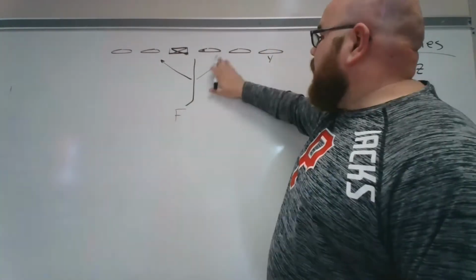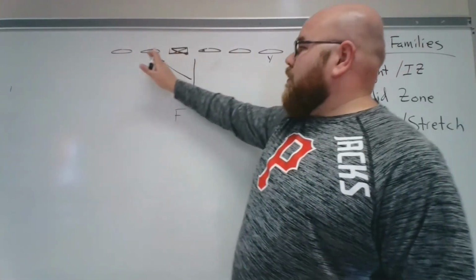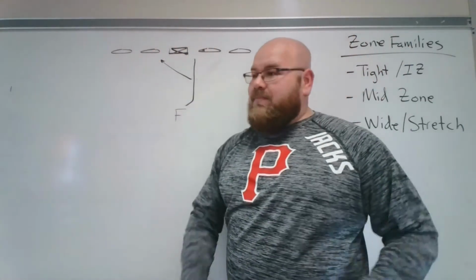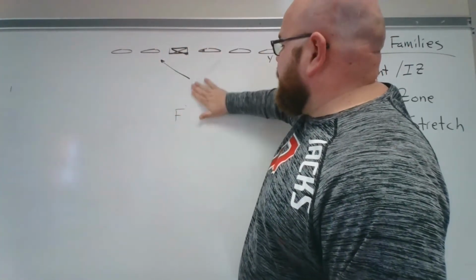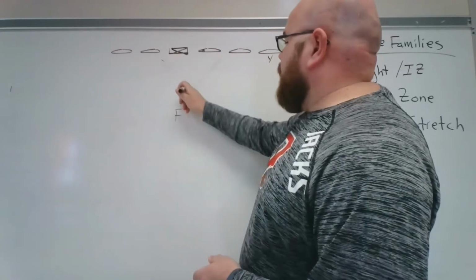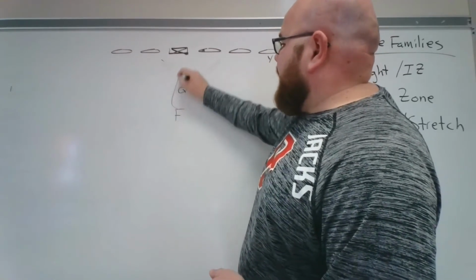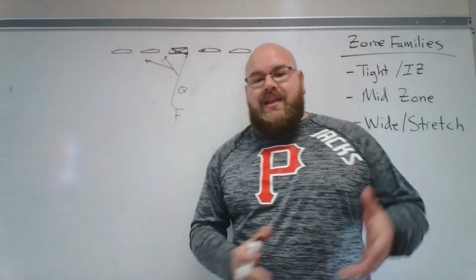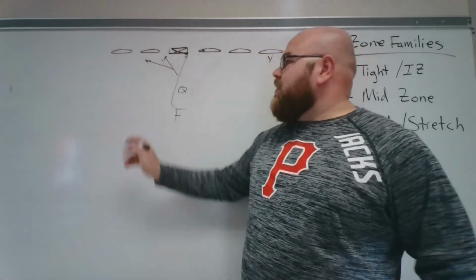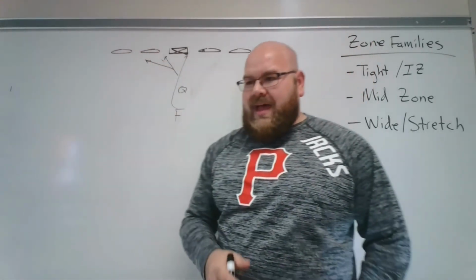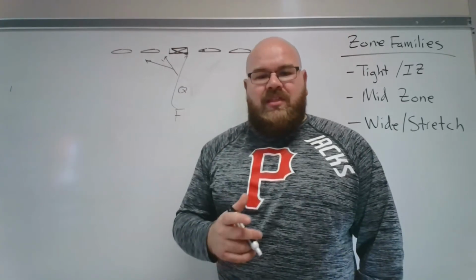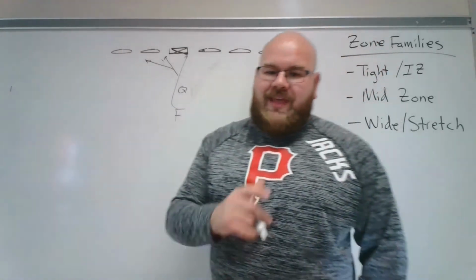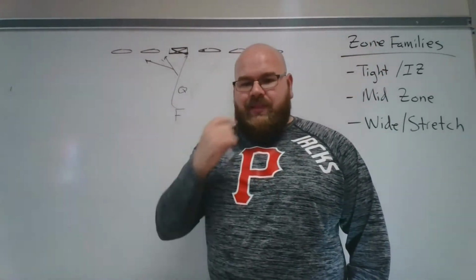Most of the time, we're going to hit it in the playside A gap or backside B gap, and sometimes backside A. This really hits backside most of the time, and I did a poor job drawing this, because if we have the quarterback here, he's giving backside, so it's like this. The reason it hits backside most of the time is because the blockers on the backside a lot of times end up looking kind of like veer, and some people talk about the inverted veer and stuff like that, but they really get good washes down the line of scrimmage.